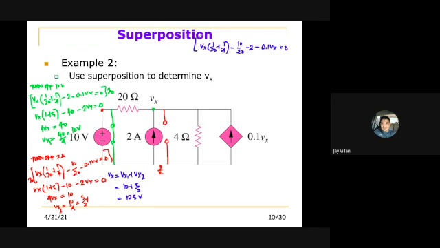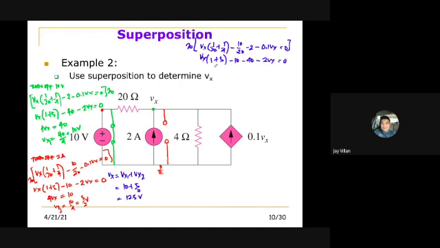Times 20. So Vx is equals to 1 plus 5 minus 10 minus 40 minus 2Vx is equals to 0.